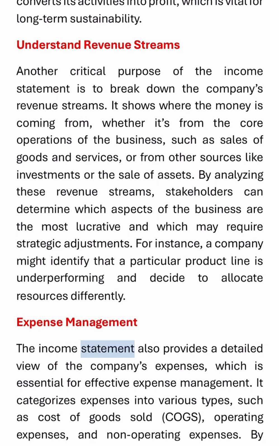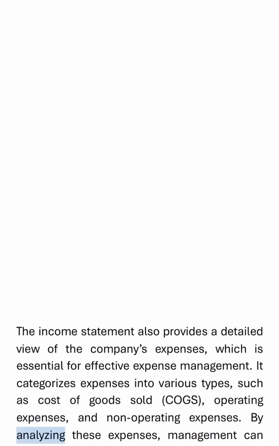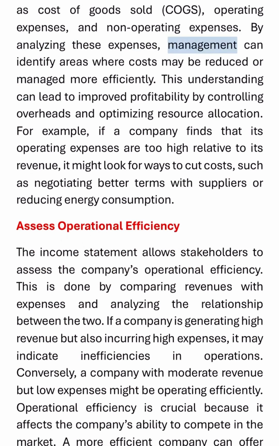Expense management. The income statement also provides a detailed view of the company's expenses, which is essential for effective expense management. It categorizes expenses into various types, such as cost of goods sold, COGS, operating expenses, and non-operating expenses. By analyzing these expenses, management can identify areas where costs may be reduced or managed more efficiently.